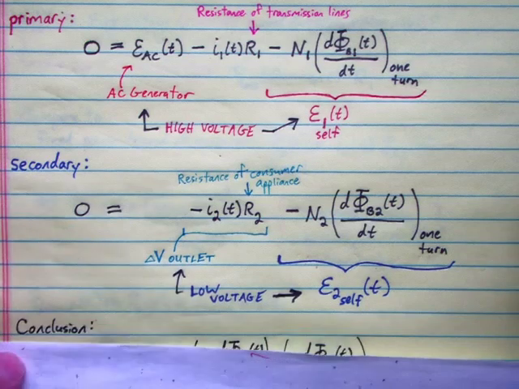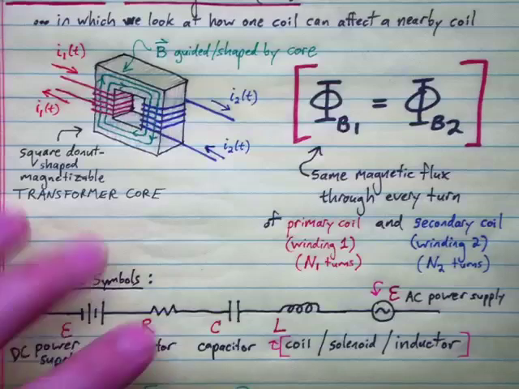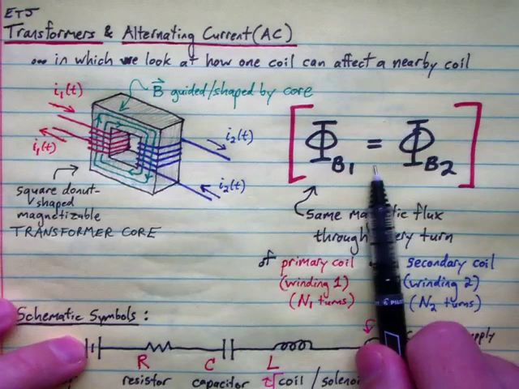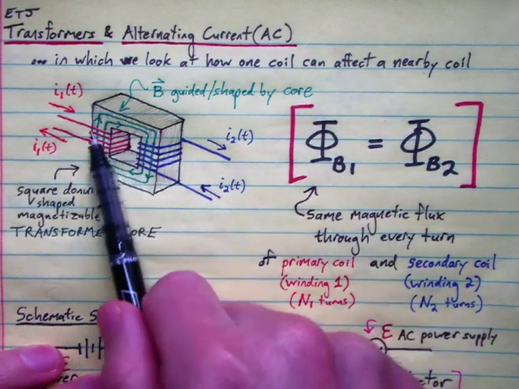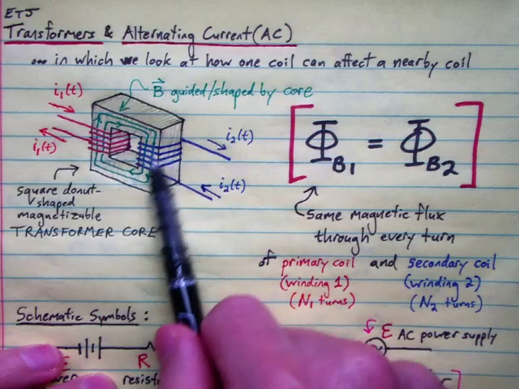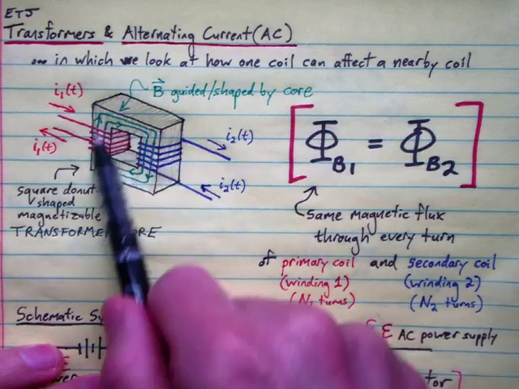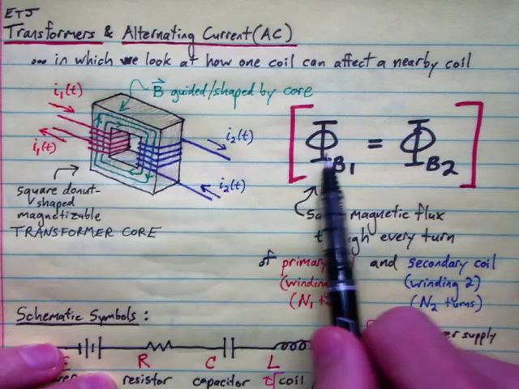All right, now let's apply this condition we noted at the beginning. We've got N1 turns here and N2 turns here, but it's the same flux going through both coils at all times.